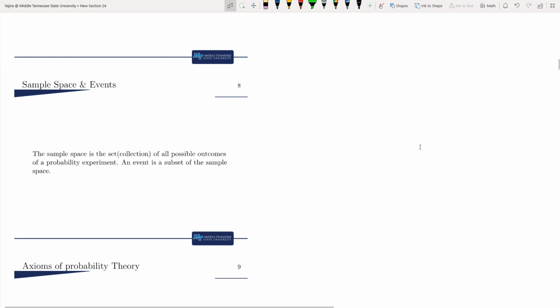A sample space is a collection of all possible outcomes. An event is a subset of that sample space. For example, if you toss a coin and you collect all the possible outcomes, head and tail, that's the sample space. And if you take only one subset of that, let's say head, that is an event.